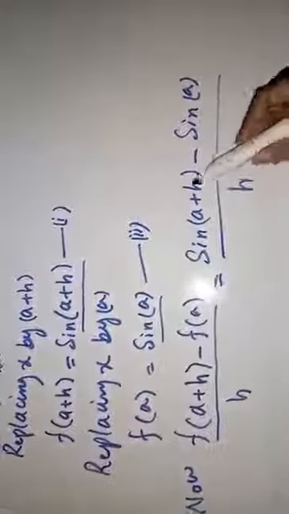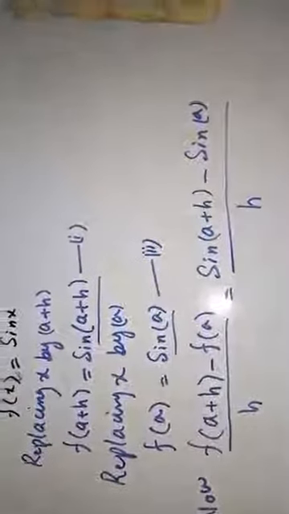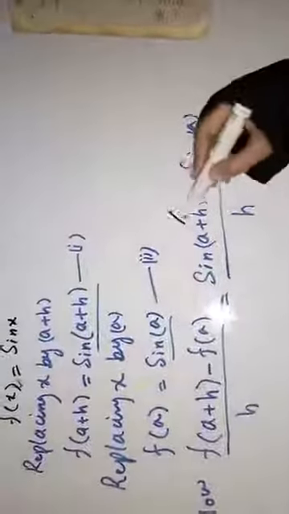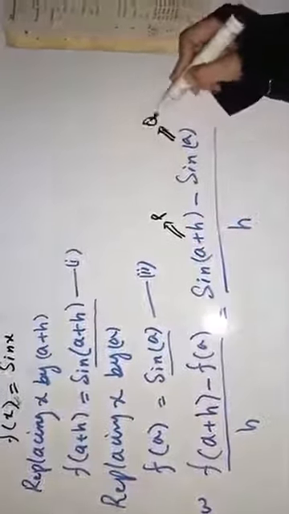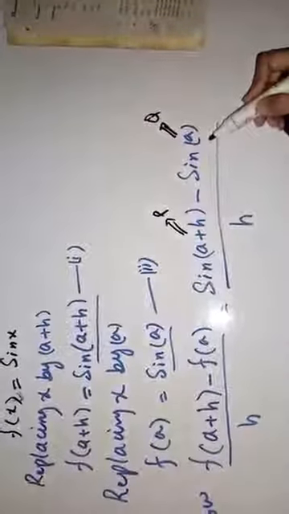If I replace a plus h with p and a with q, we get sin p minus sin q. This is the trigonometric formula: sin p minus sin q is equal to 2 cos of (p plus q) over 2 times sin of (p minus q) over 2. And for cos p minus cos q, the formula is minus 2 sin of (p plus q) over 2 times sin of (p minus q) over 2.